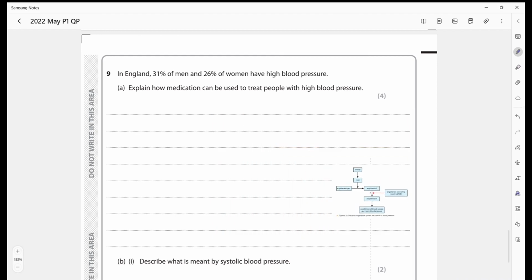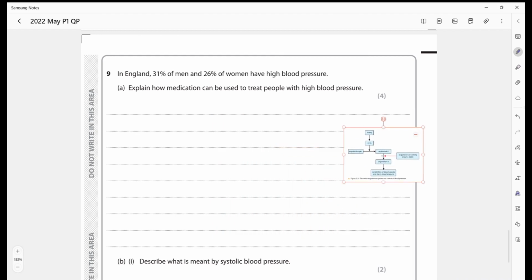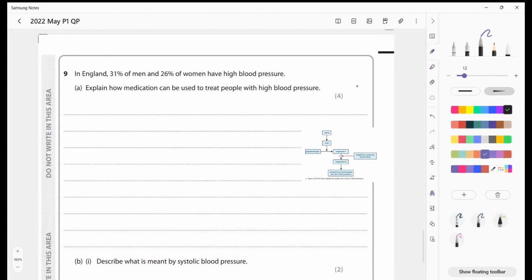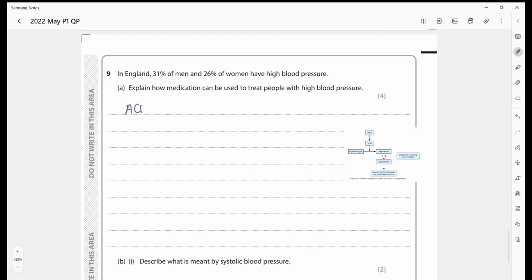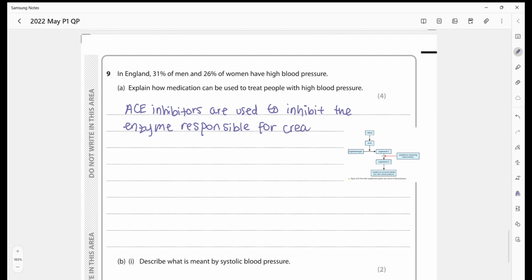Just going to make this smaller. Where's the pen? Oops. Okay. ACE inhibitors used to inhibit the enzyme responsible for creating angiotensin.